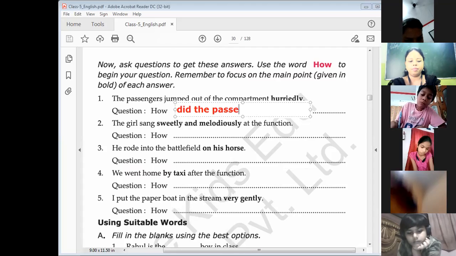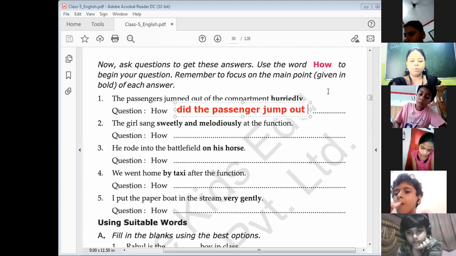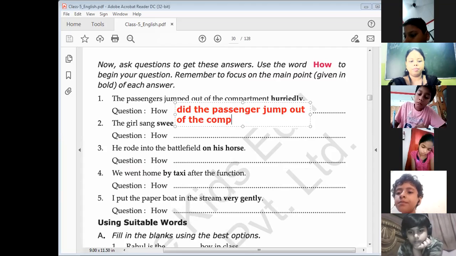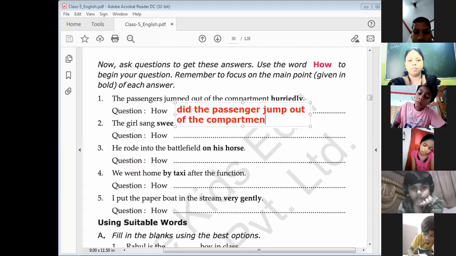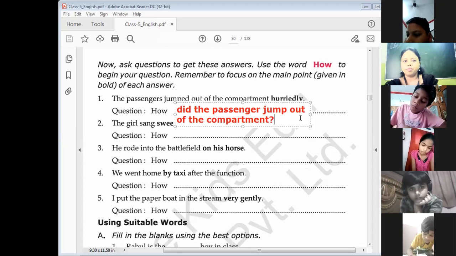How did the passenger jump out of the compartment? Question mark. Everything is same, we just have to write a little bit.